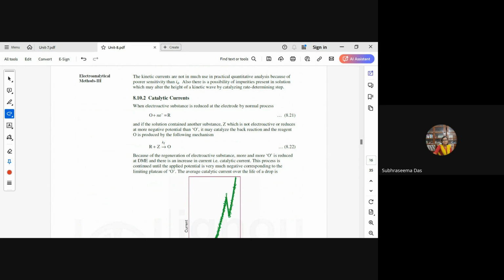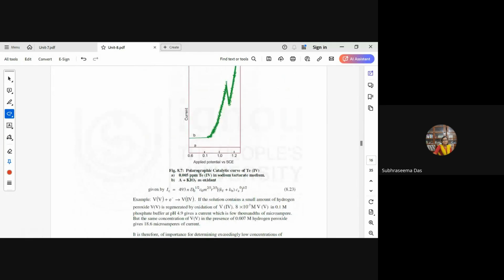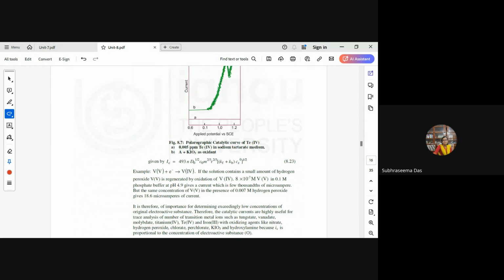The process continues until the applied voltage becomes negative and the plateau of O becomes the limit. The average catalytic current is given by IC equal to 493 n, and this is equation 8.23.